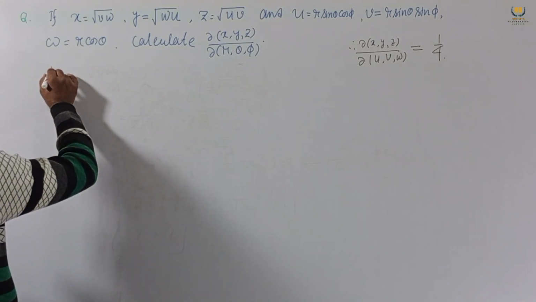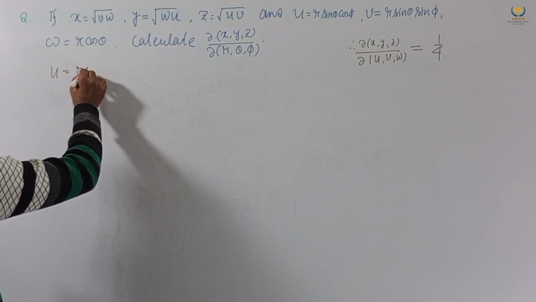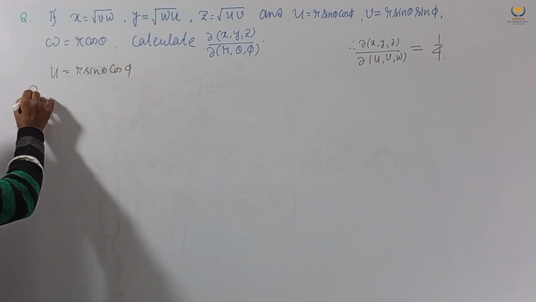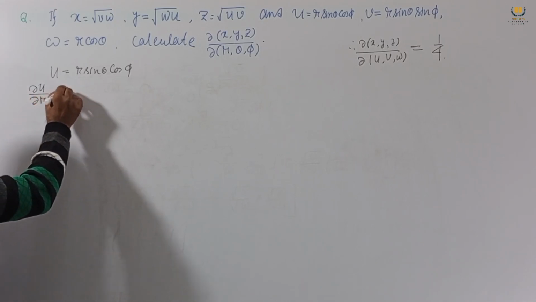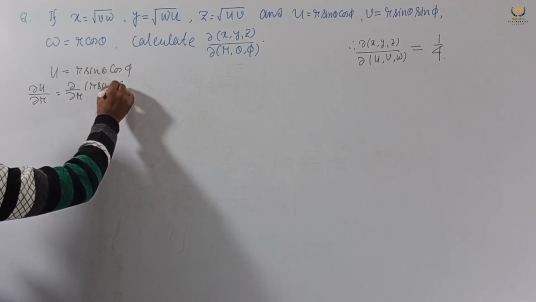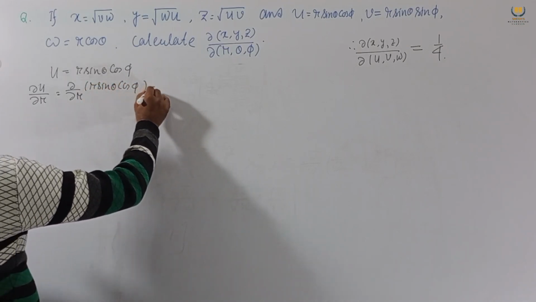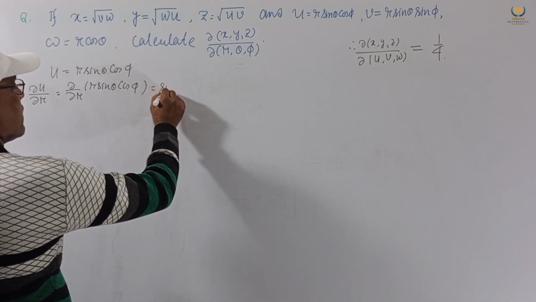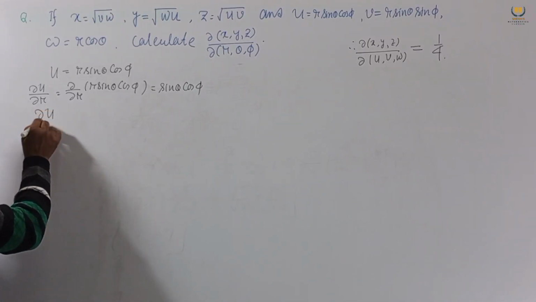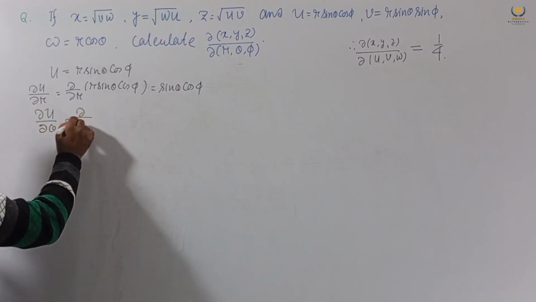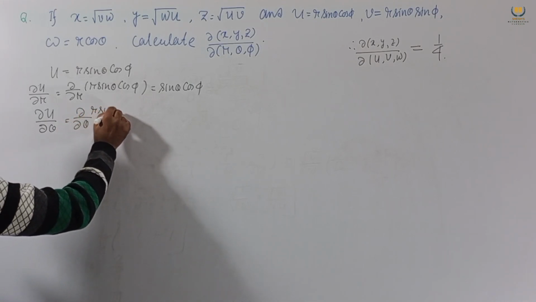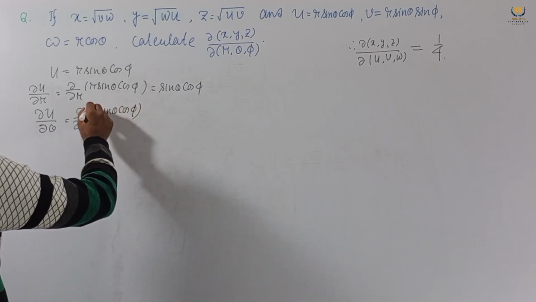Now again u equals r sin theta cos phi. So del u by del r, del by del r of r sin theta cos phi, and del r of r is 1, this is sin theta cos phi we get. Del u by del theta, u is r sin theta cos phi.